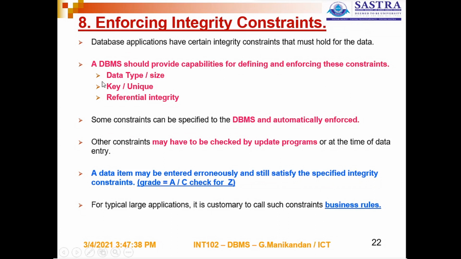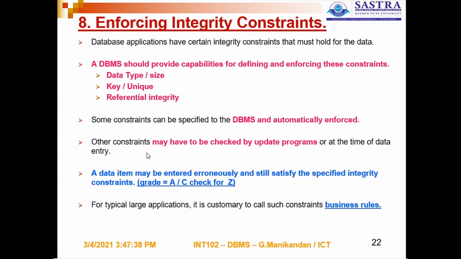And the next type of constraint is integrity constraint. That is your referential integrity. Suppose you are going to have a parent-child relationship, you are having two tables. One is the parent table and another one is the child table. In the child table, if I want to insert a record, it should have a relationship to the parent table.